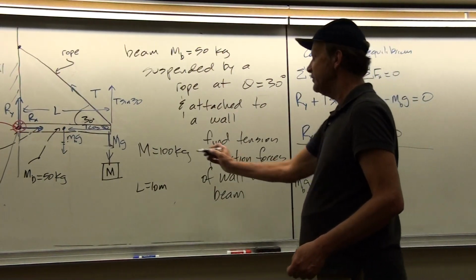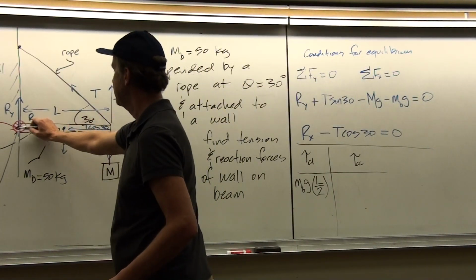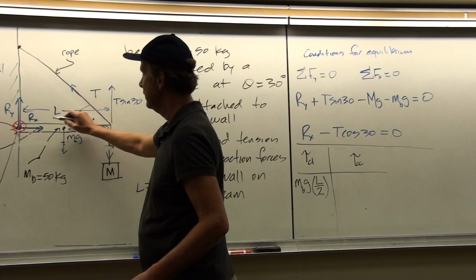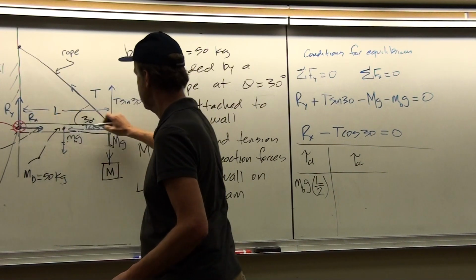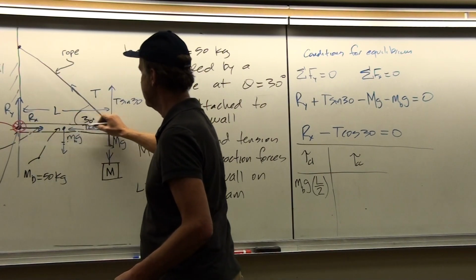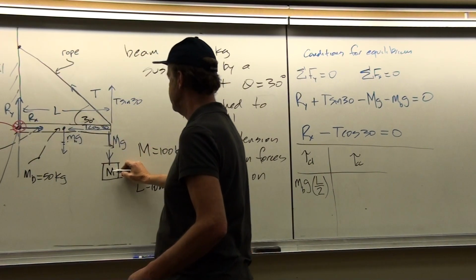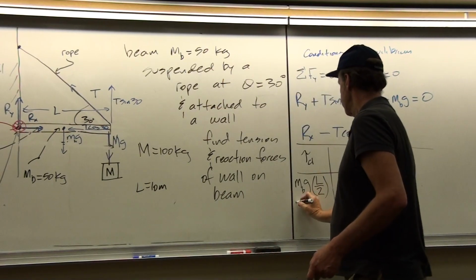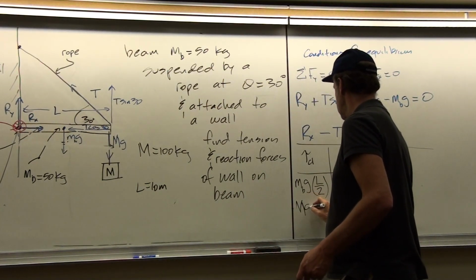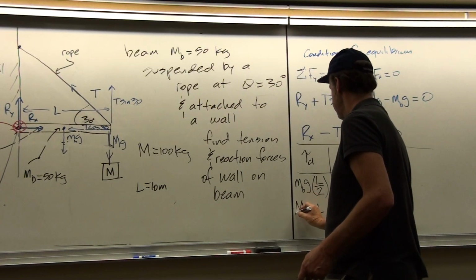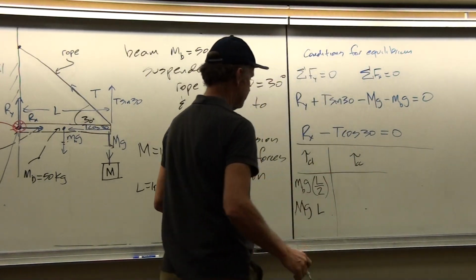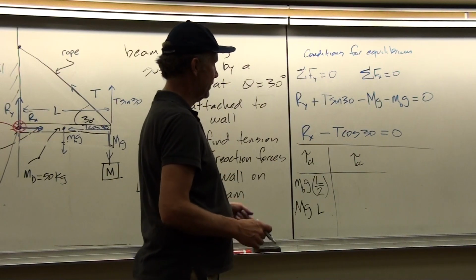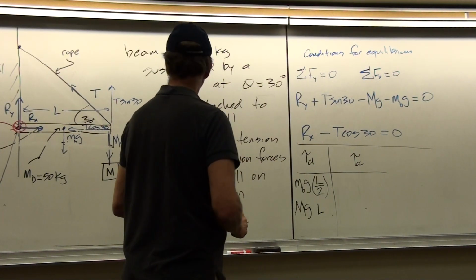And then the other torque, big M, is going to be L times big mg. So this is going to be big mg times L. I'm just leaving it in terms of L here, so I don't have a lot of numbers. It turns out, in this problem, the L's are going to cancel anyway.